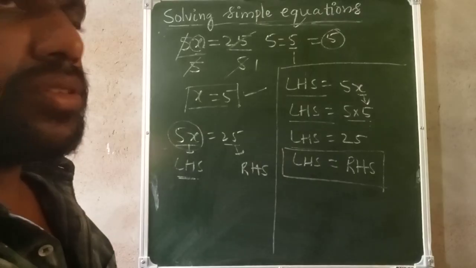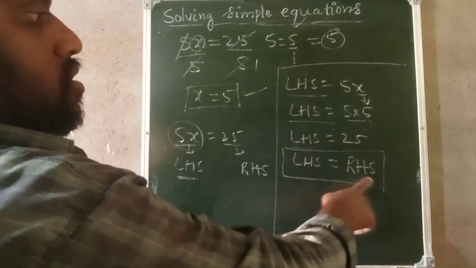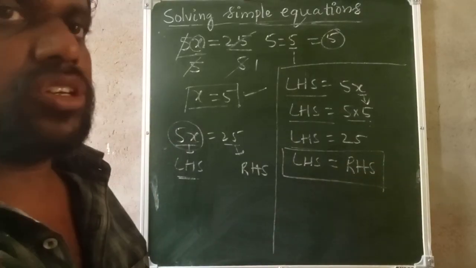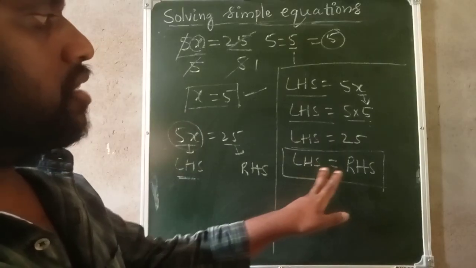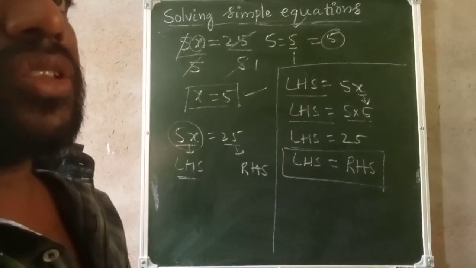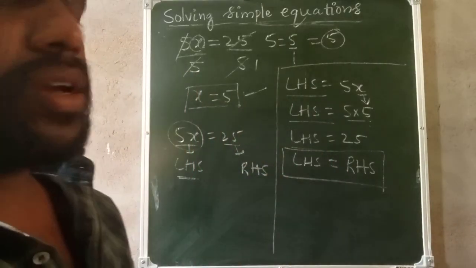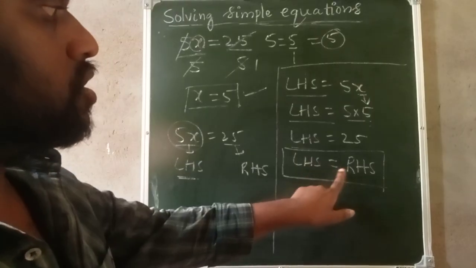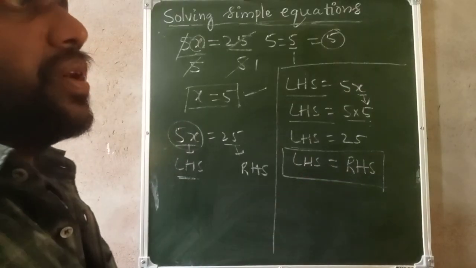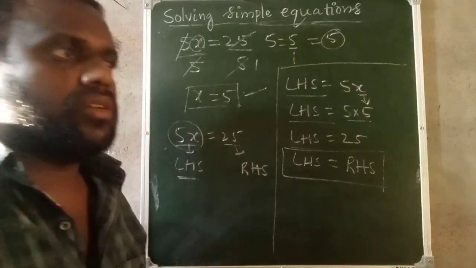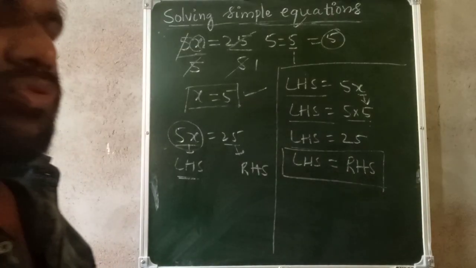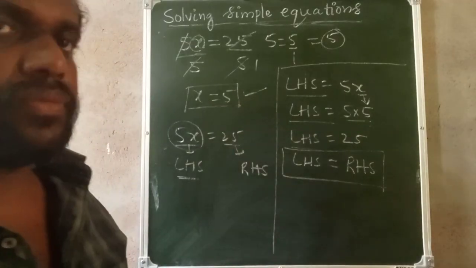Why? Because we got LHS is equal to RHS. For example, if LHS is not equal to RHS, that time this answer is wrong. But here we got LHS is equal to RHS. So because of this, this answer is correct. X is equal to 5 is the correct answer.